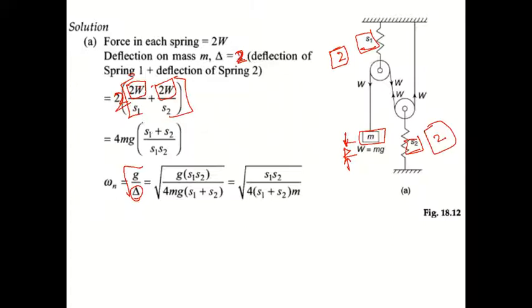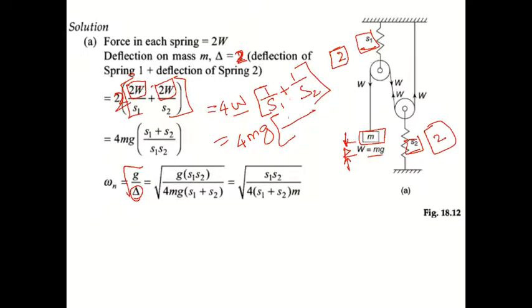Within the bracket, if you take the 2W out, it means 4 into W, times 1 by S1 plus 1 by S2. W means mg. So 4 into mg, times 1 by S1 plus 1 by S2.